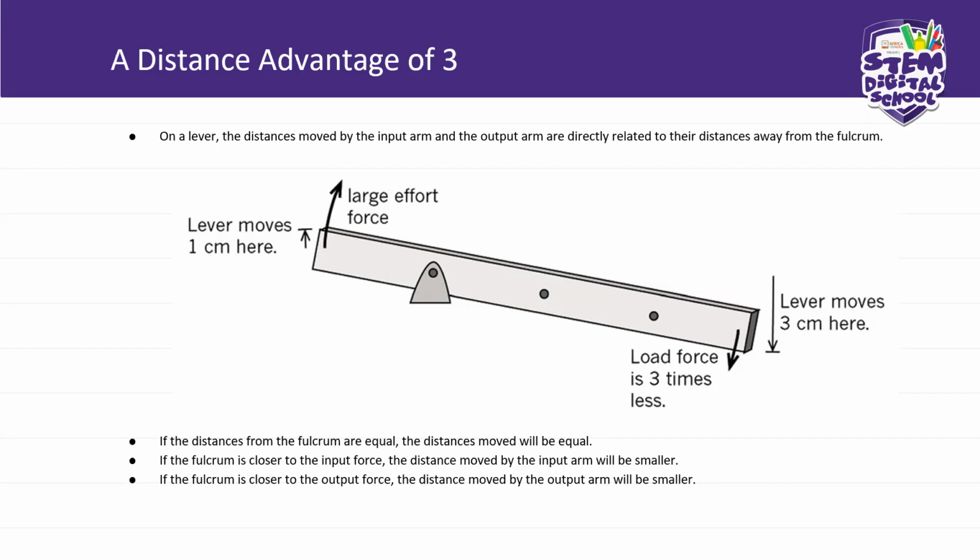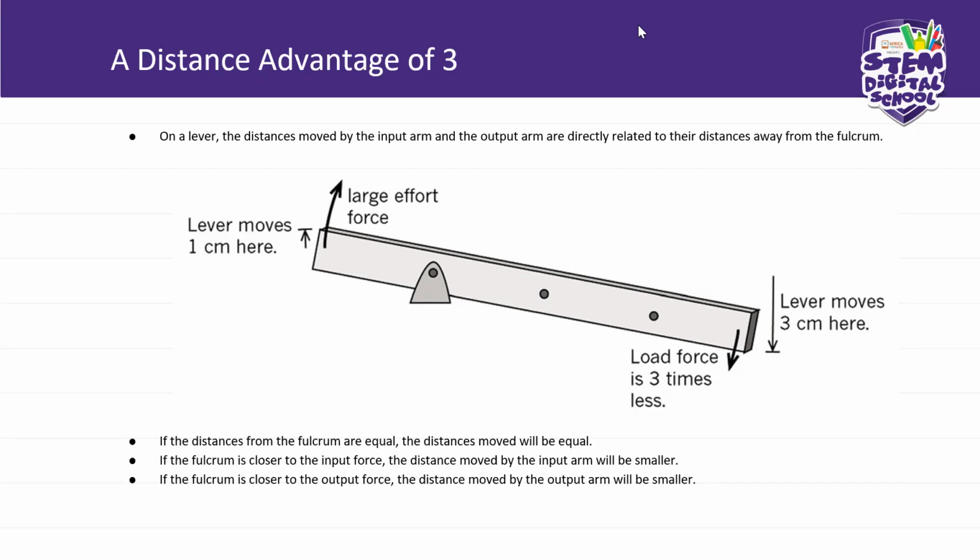Now you understand why the 1 centimeter distance was on the output in the other lever: it was the one closer to the fulcrum. Now it is the effort which is closer to the fulcrum, so the effort moves 1 centimeter, because the effort is closer to the fulcrum, so the distance will be shorter.